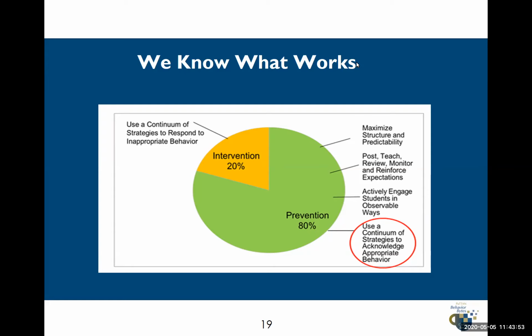So that's just an indication, if you're spending more time responding to behavior errors, that we might have to go back to the drawing board with that classroom management plan.